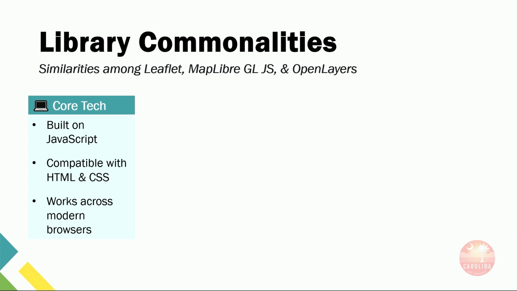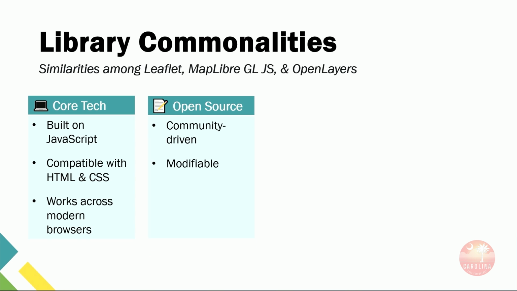They are also very compatible with your JavaScript frameworks as well. And they work across all modern browsers. Okay, they are all open source, of course, the name of the talk that I have here. And they're community driven and modifiable, meaning you can actually submit different things on GitHub to modify the code or help make the library better.